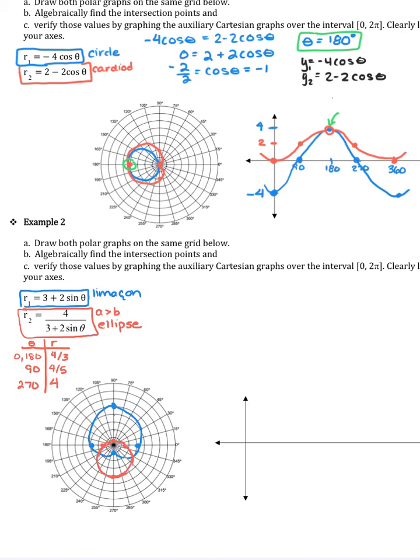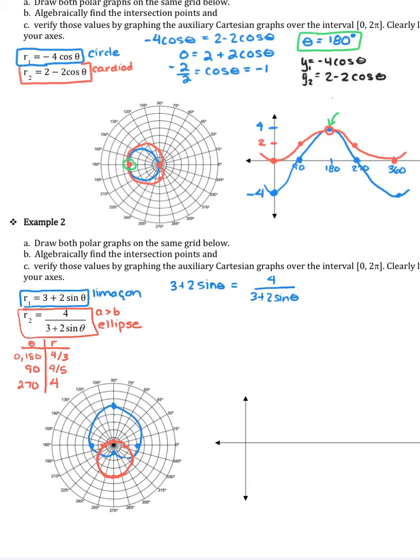Okay. So basically we know we have an ellipse here. So it looks like we have 2 intersection points. So we can go ahead and find them algebraically. So I'm going to set 3 plus 2 sine theta equal to 4 over 3 plus 2 sine theta.